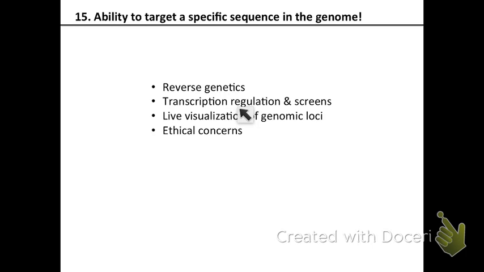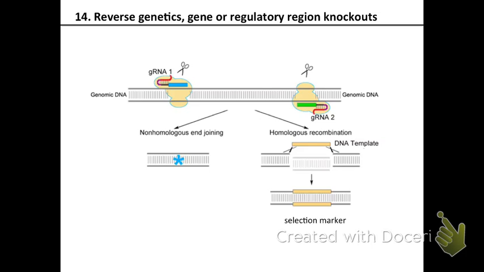You can turn on or off genes depending on where you send that Cas9 and how you engineer it. You can visualize genomic loci live under microscope. So instead of using immunofluorescence techniques, which requires cells to be fixed, you can actually watch individual genomic loci in the cell. And there are also some ethical concerns that I'm not going to dwell too much about.